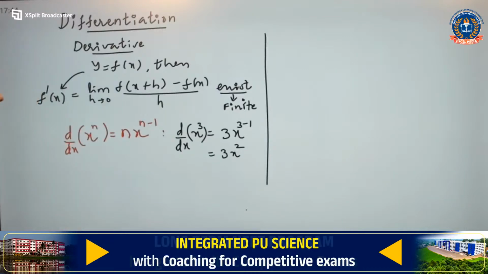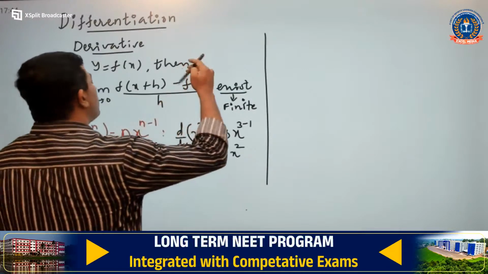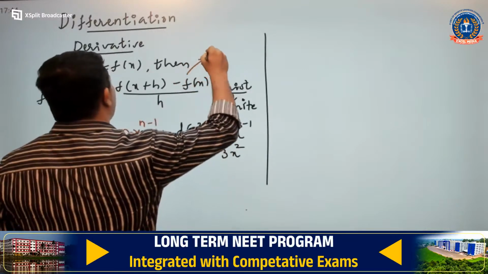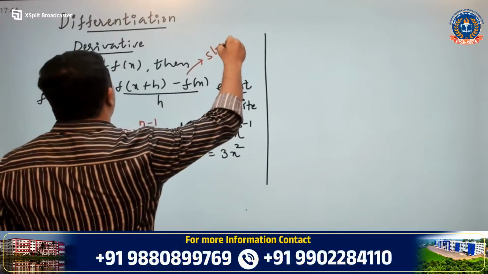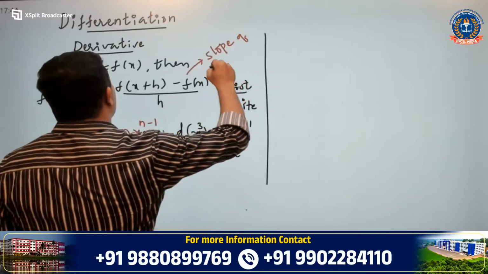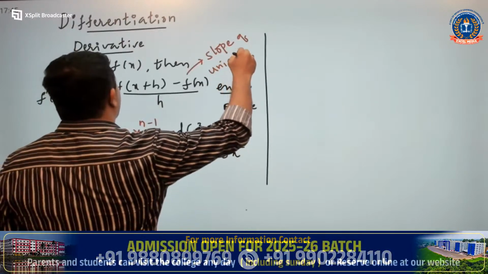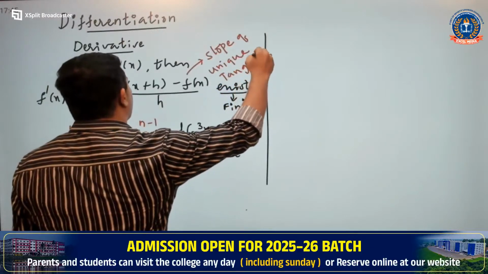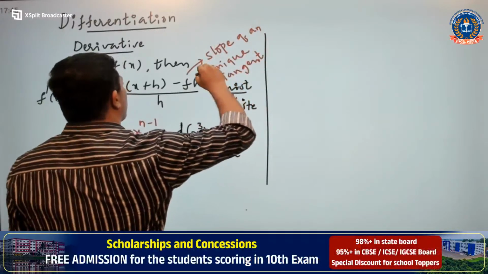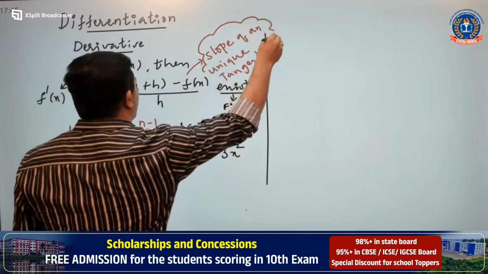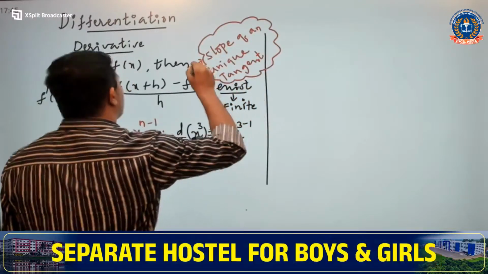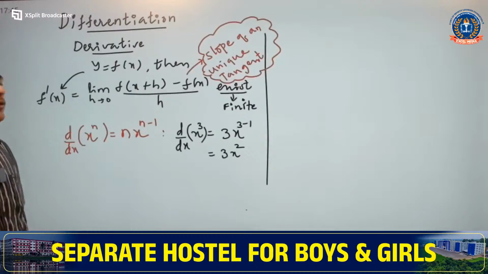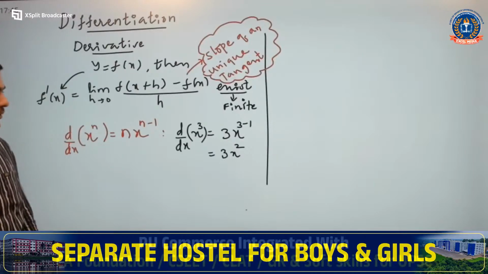Very nice. Somebody said that a derivative is the slope of a unique tangent. Yes, it is the slope of a unique tangent also.